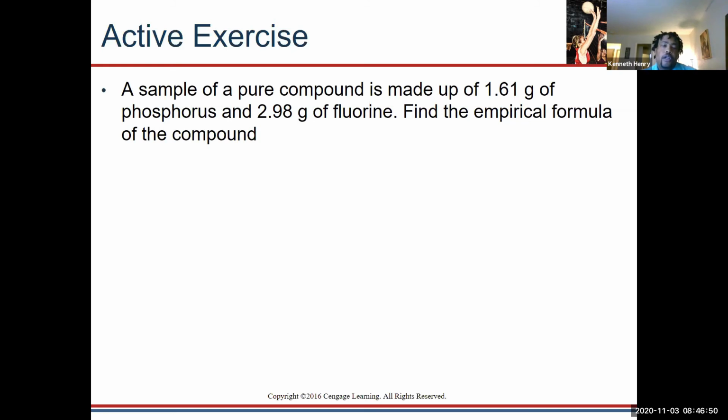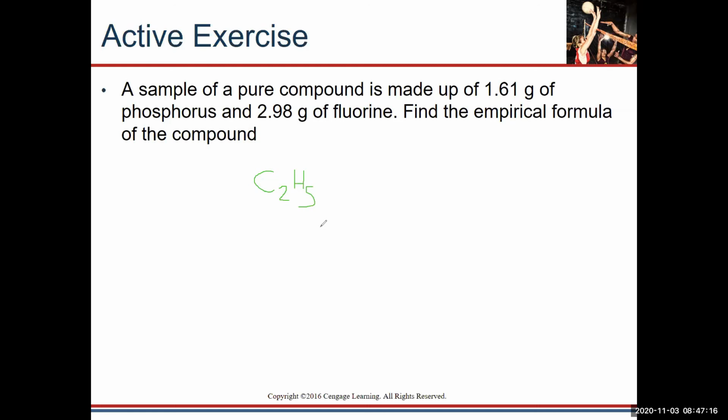Again, Diego, when we're comparing the formula, let's go back to our formula. C2H5, right? So is this comparing mass?